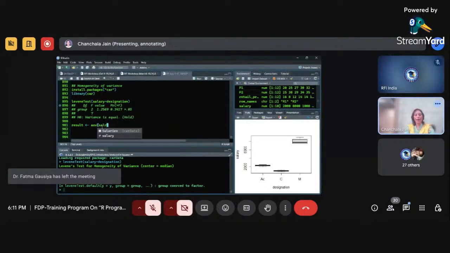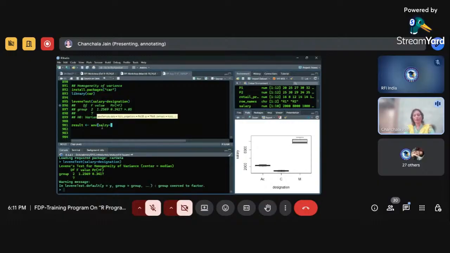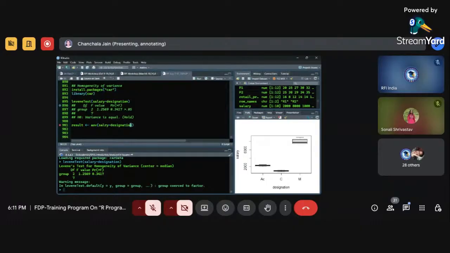Here I need to pass the name of both the vectors, separating them by the tilde. Ma'am, A is missing in salary. Done.